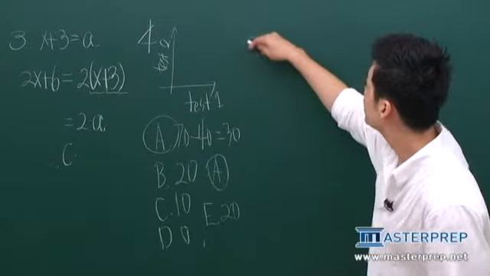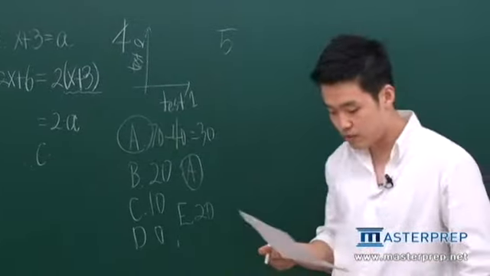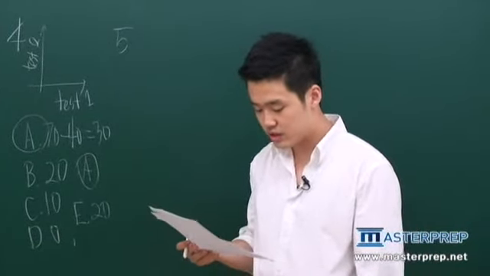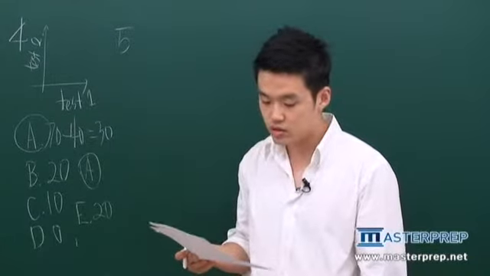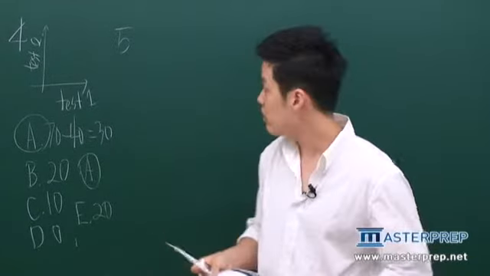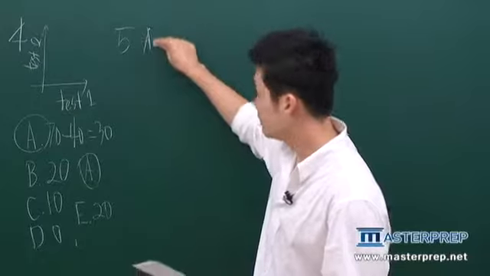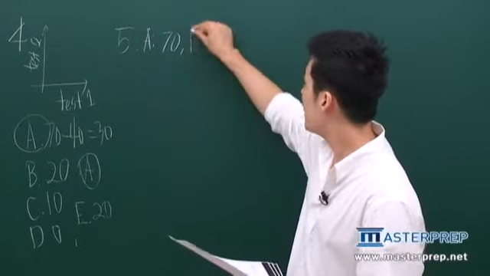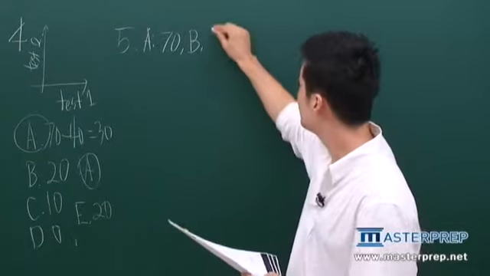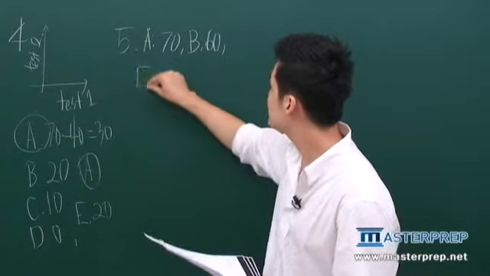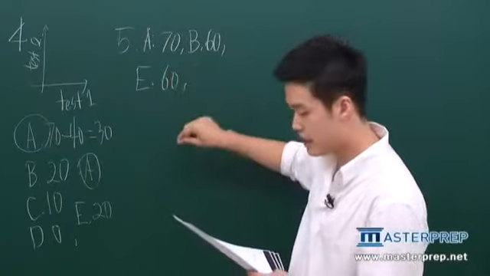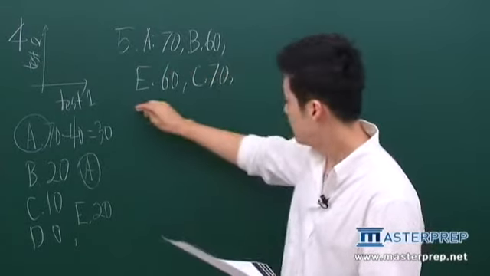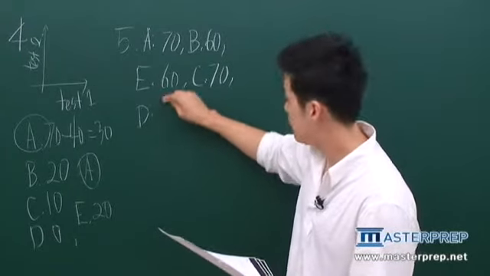And number 5. Number 5 is related to number 4. What was the average of the scores of the 5 students on test 2? So we only have to look at test 2. A has 70 on test 2. B has 60. E has 60. C has again 70, and D has 80.